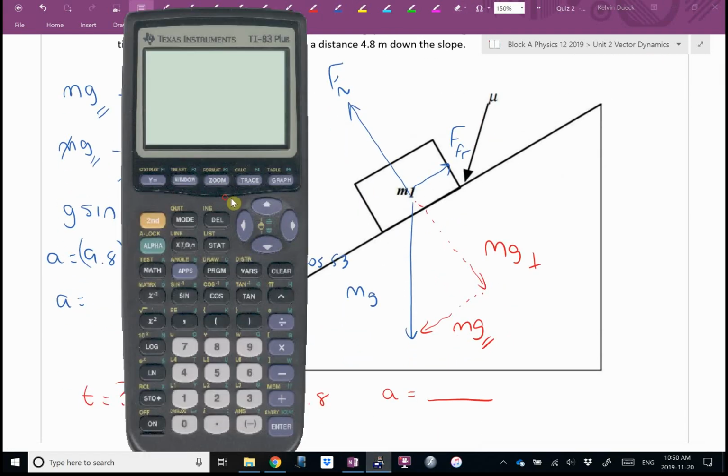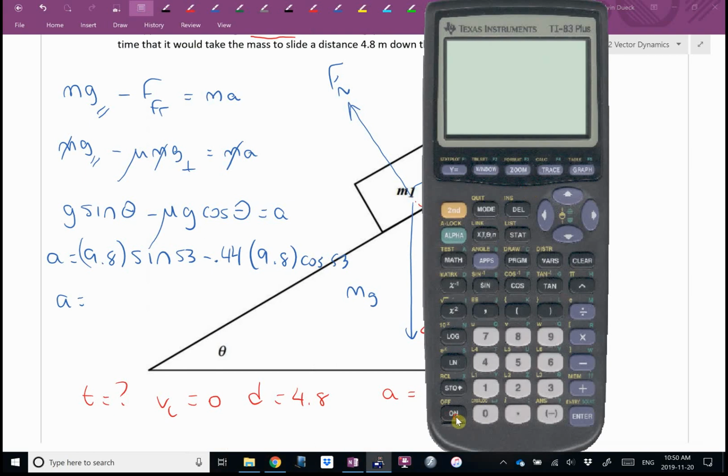So I got 9.8 sine 53 minus 0.44 times 9.8 cos 53. Did you get an acceleration of 5.2316? And I'll carry extra sig figs. That 0 is a nice place to round off to.